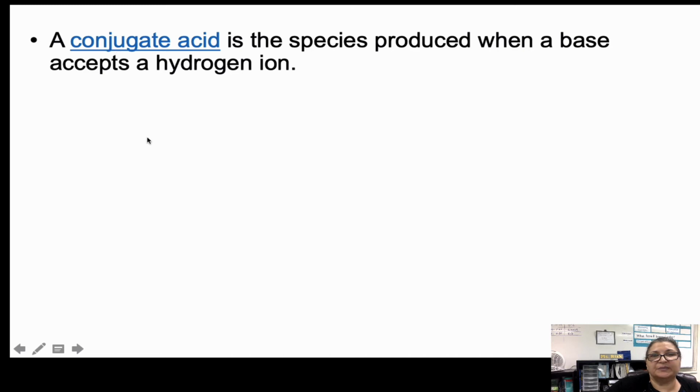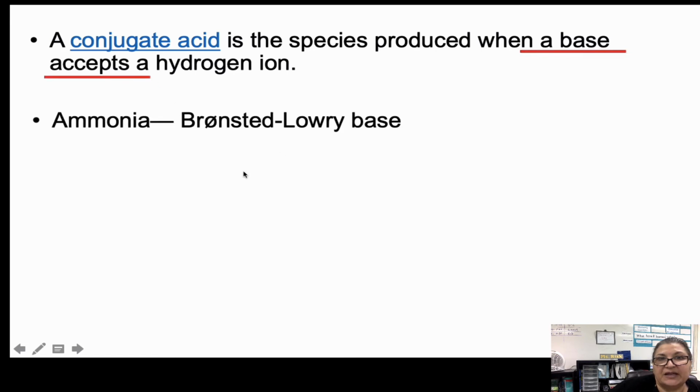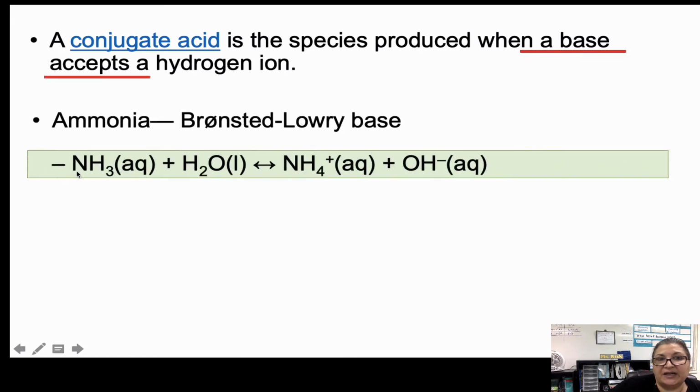Conjugate acid: the species produced when a base accepts a hydrogen ion from an acid. Okay, so when a base accepts hydrogen, then it's called conjugate. It wasn't an acid by itself, but it was donated. It was accepted in a reaction. So accepting a hydrogen. I'm going to give you an example right now. NH3 is a base. And now here, if you keep track, it gained a hydrogen.